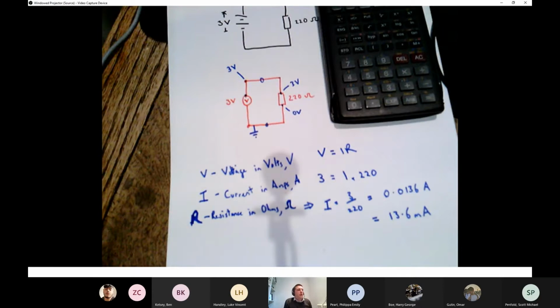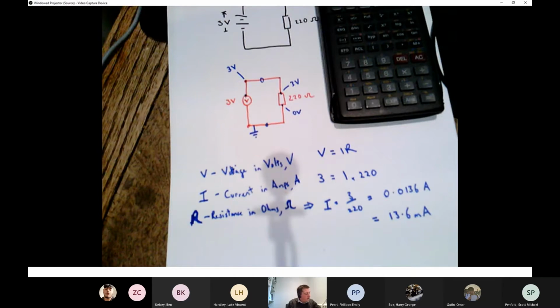Why does any of this matter? Well, one thing that matters here, just to finish off, there was another thing that we wrote on the list of important points, which was power is voltage times current. And now we know that the voltage across the resistor is 3 volts.